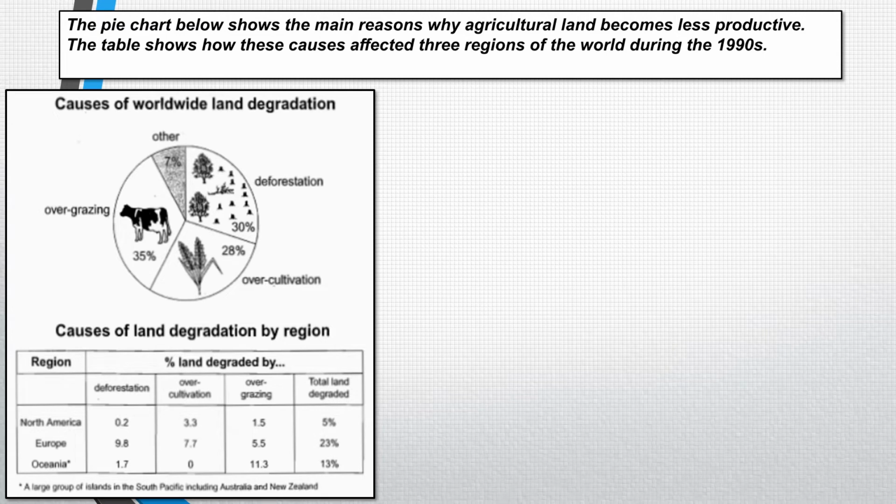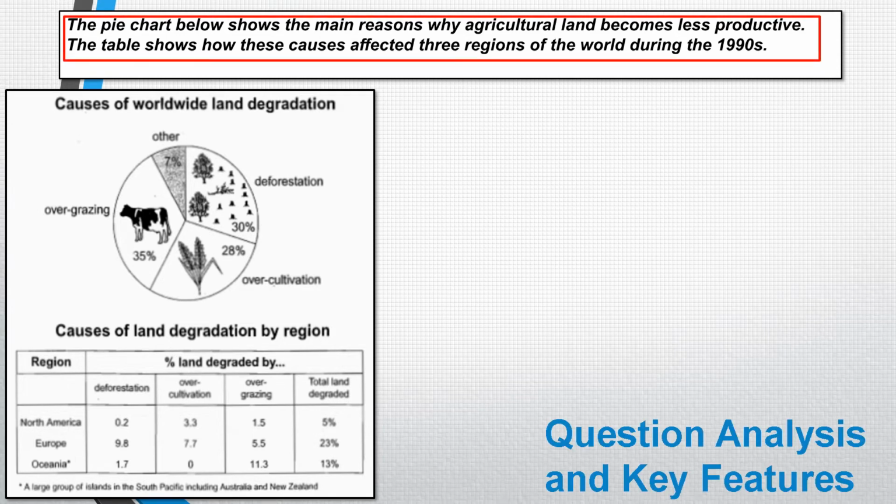So the opening statement for this question reads, the pie chart below shows the main reasons why agricultural land becomes less productive. The table shows how these causes affected 3 regions of the world during the 1990s. So we can see the pie chart at the top, causes of worldwide land degradation, and there are 4 categories we've got, and they're labelled with percentages.